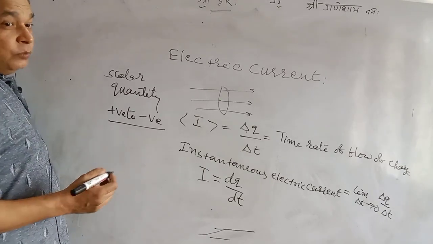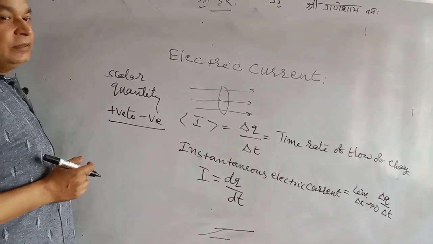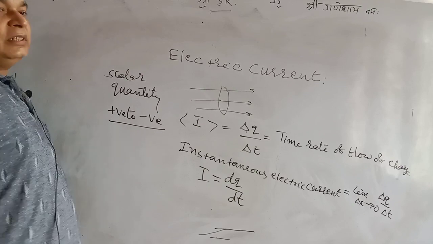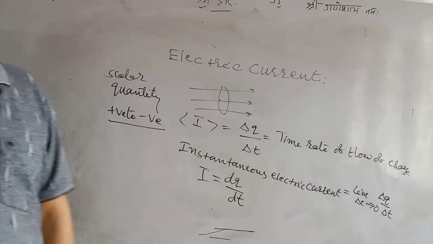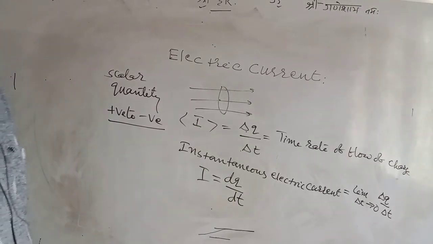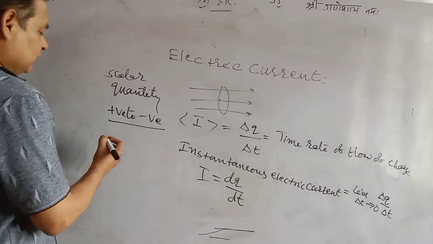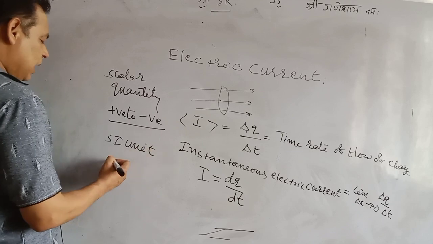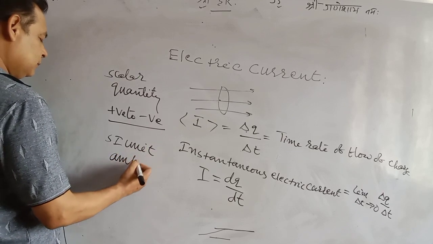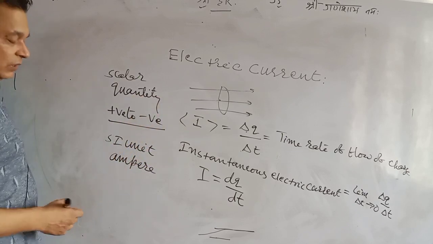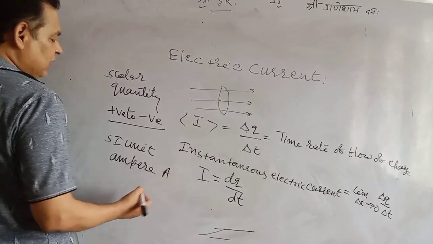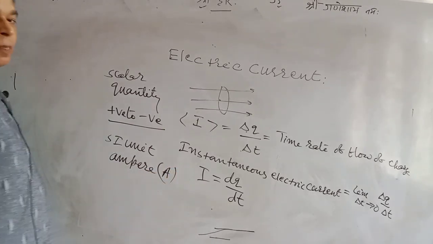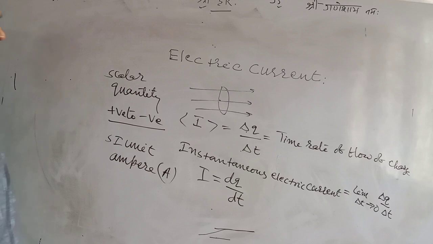And it is one of the fundamental quantities. Charge is not fundamental in SI, but electric current is a fundamental quantity. And its SI unit is ampere. We will abbreviate it as capital A. Do you know its CGS unit?